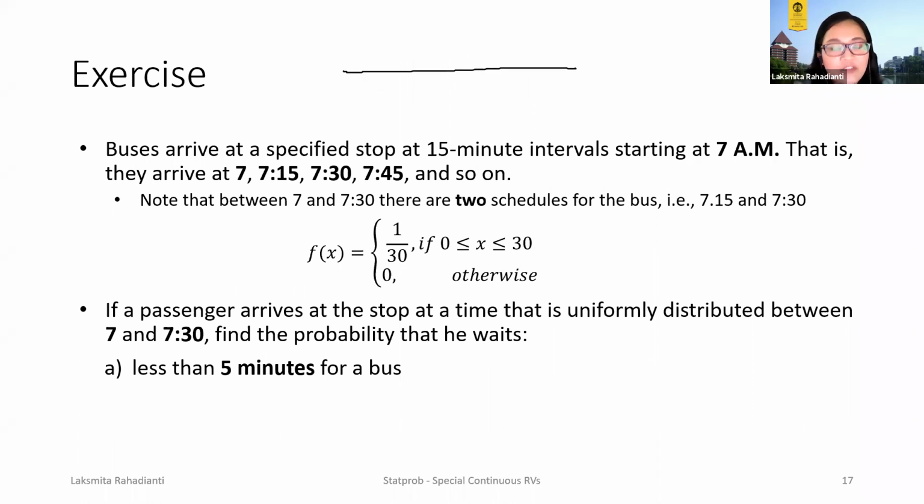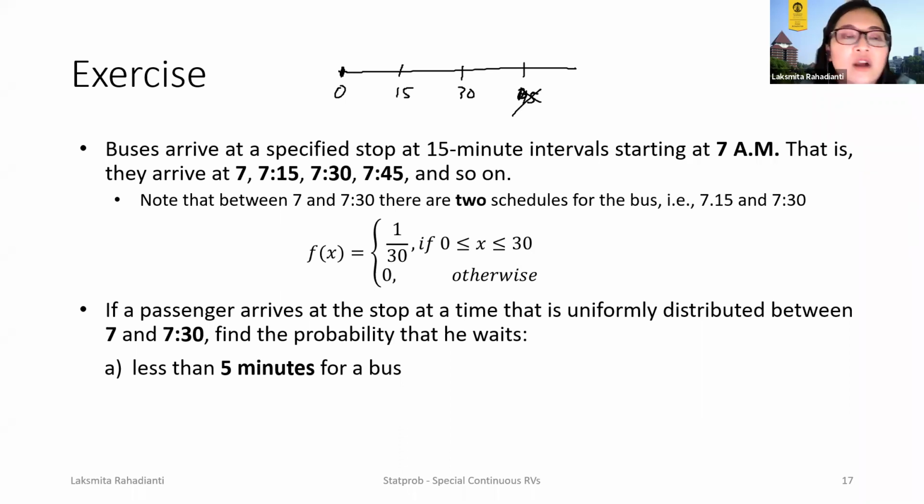So we know that there is a bus here, there is a bus here, there is a bus here. But if the guy arrives between 7 and 7:30, I'm going to ignore the 7. And obviously if he arrives between 0 and 30, we can assume that he didn't come in time for the 7 o'clock one. So what is the probability that he waits less than 5 minutes?